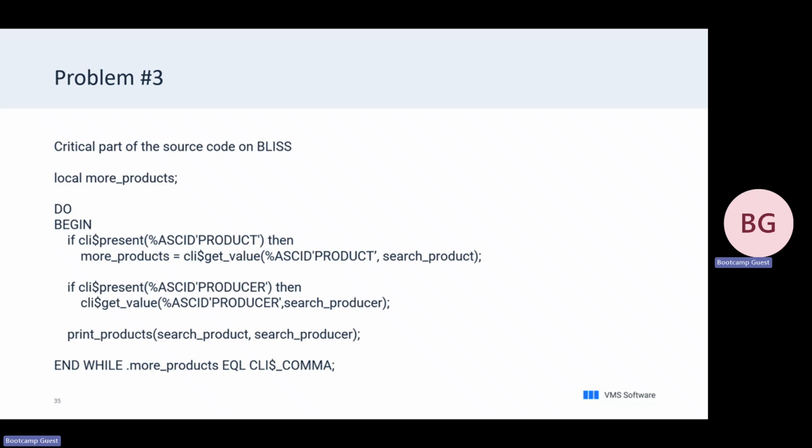It has a local variable, asks if there are some qualifiers, fills the local variable, and then stops when the variable is not equal to comma. So we check if there is a comma, like when you do show license and present the products divided by commas, like show license C, Cobol, Basic, something.